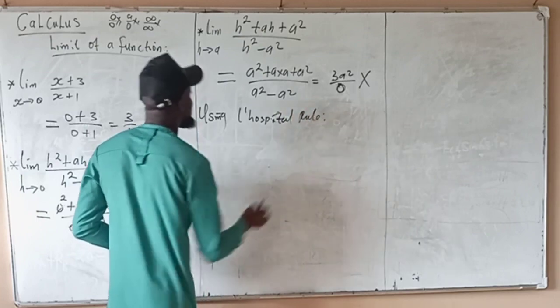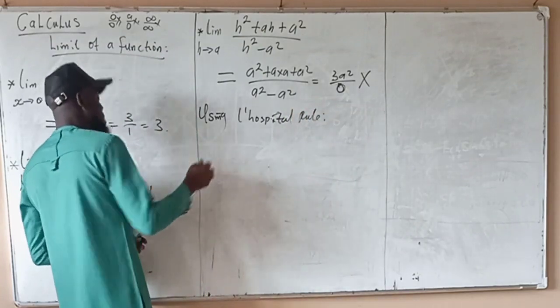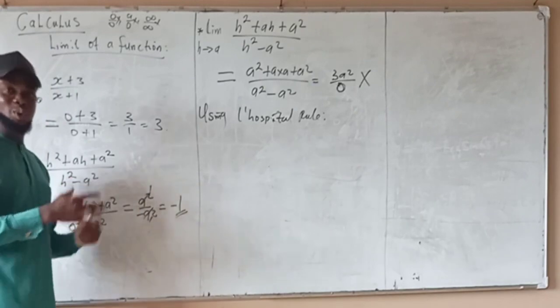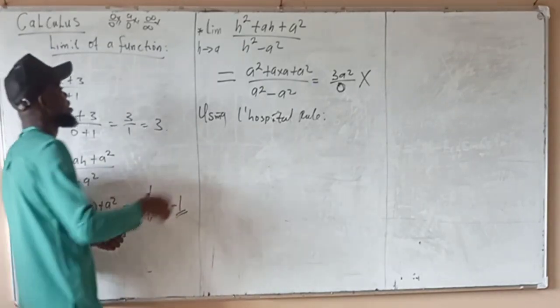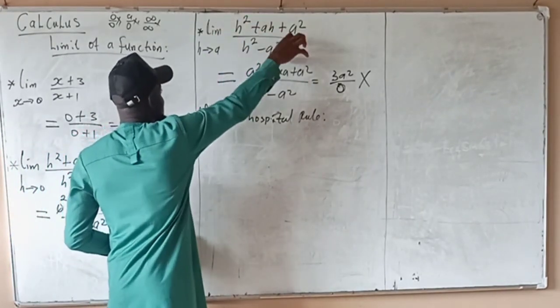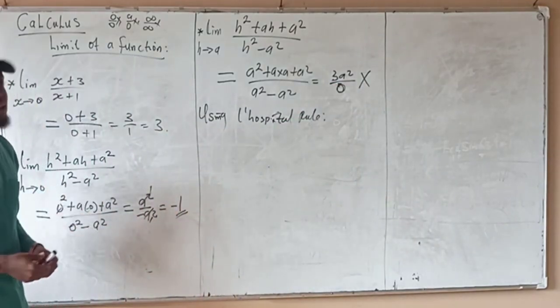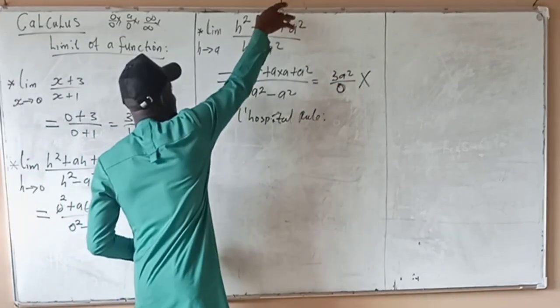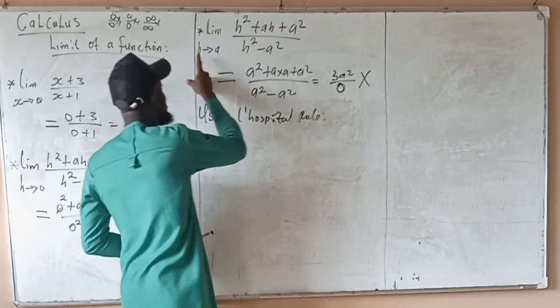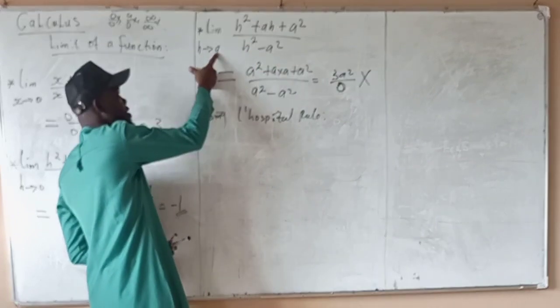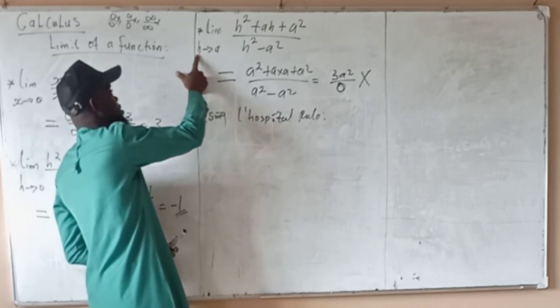We have done this rule before. We said if the direct substitution method fails to solve the problem or makes the function undefined, you differentiate the numerator and the denominator with respect to the variable, which is h.